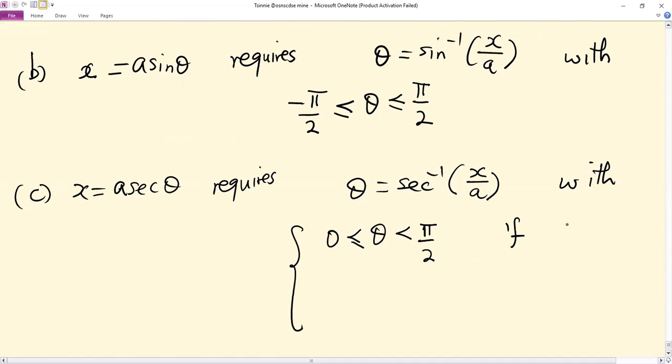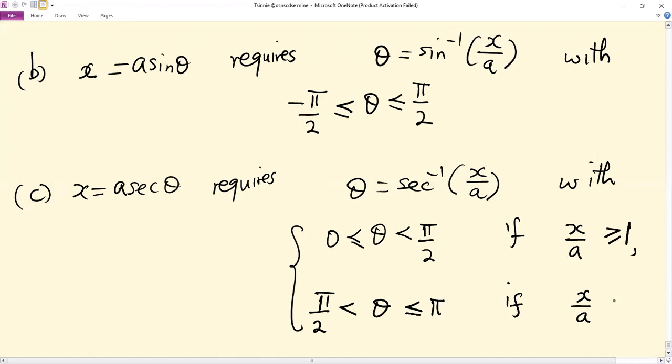So that applies if x over a is greater than or equal to 1, or pi over 2 strictly less than theta less than or equal to pi, if x over a is less than or equal to minus 1.